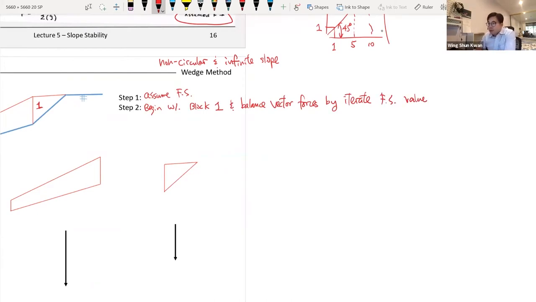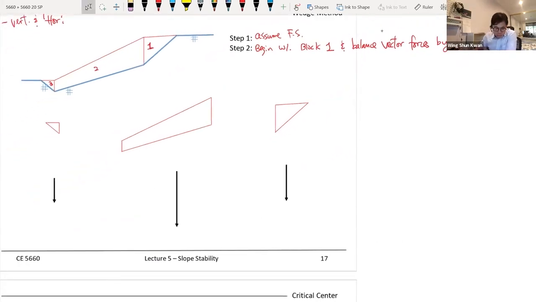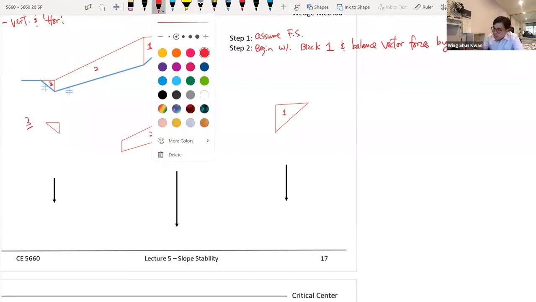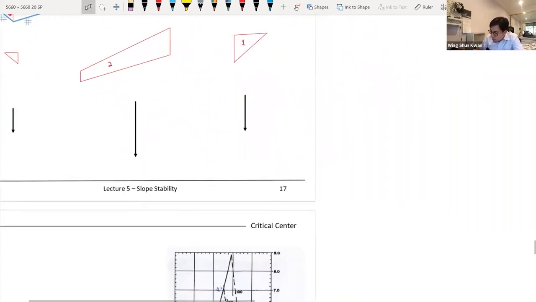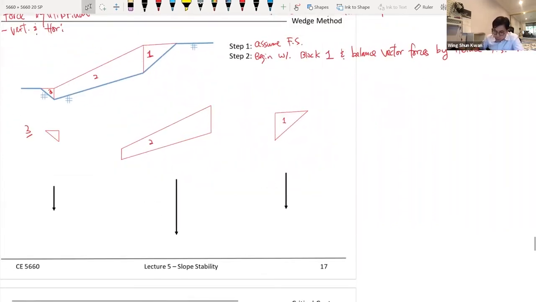So first of all, you start with block number 1. This is my block number 1, this is my block number 2, and this is my block number 3. So you start with block number 1. The simplest thing is to list out all the forces.